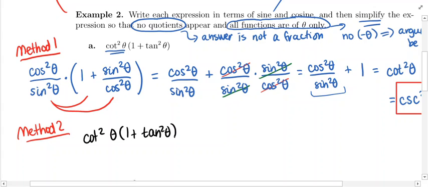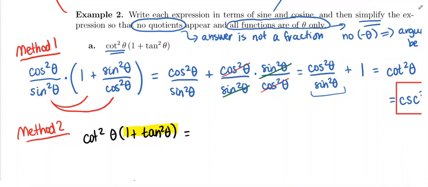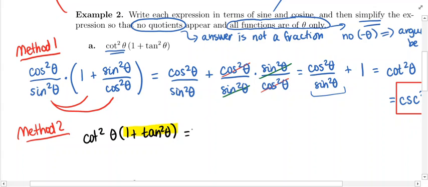All right, so here we go. When you look at this, immediately you should see 1 plus tangent squared theta. That is a Pythagorean identity, okay? So we could have started this problem not by converting everything to sines and cosines, but by applying the Pythagorean identity, okay? So here this would be the cotangent squared of theta times 1 plus the tangent squared of theta is the secant squared of theta.